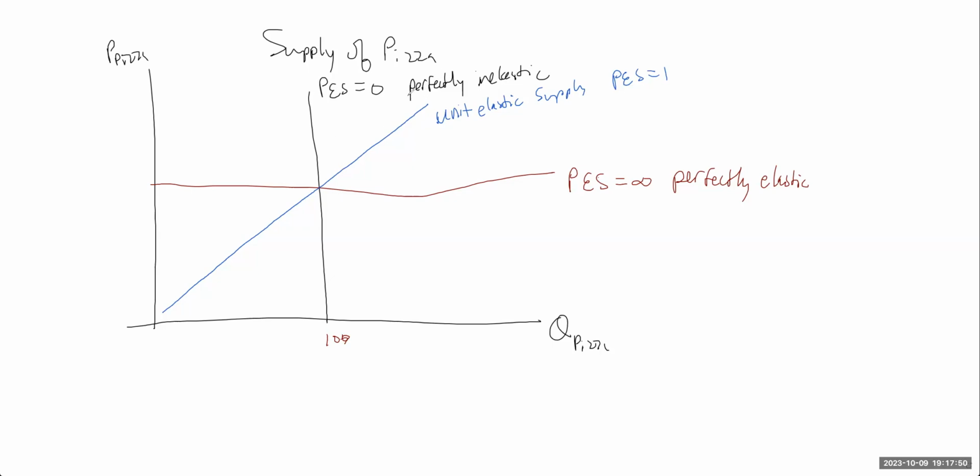If this is unit elastic and the vertical line is perfectly inelastic, then in this range we have a steeply sloped line. This is an example of inelastic supply.